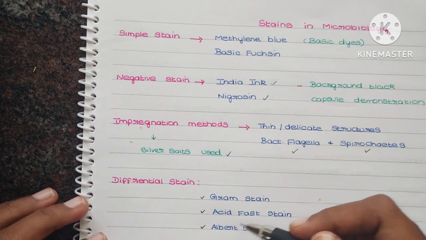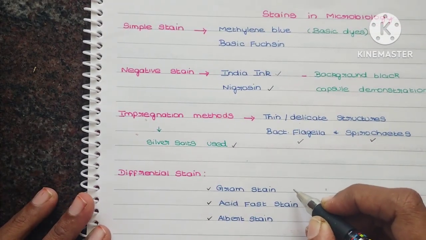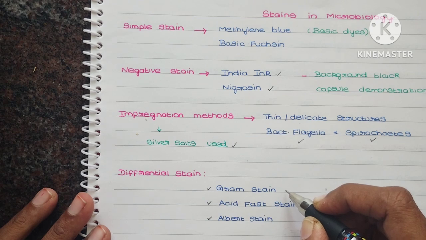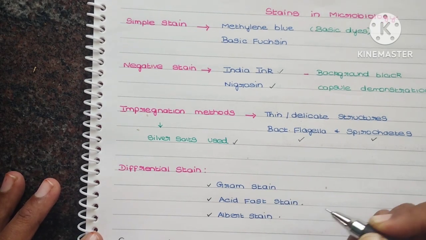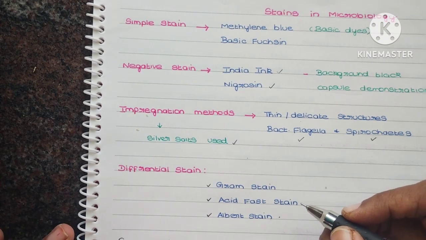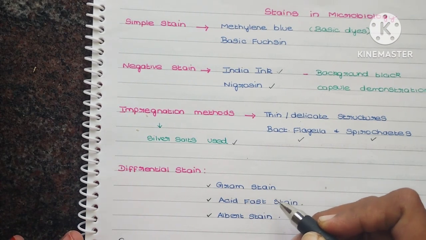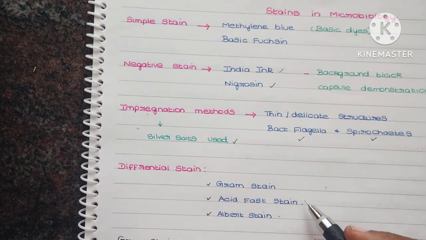Next is the differential stain. Under differential stain you want to remember 3 points: gram stain, acid fast stain and Albert stain. First, I want you to know the basics. With gram stain, we can differentiate whether the organism is gram positive or gram negative.